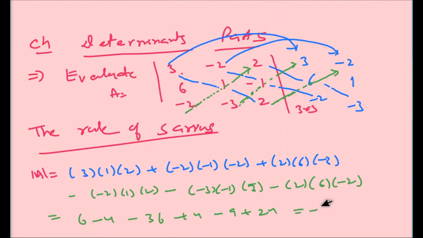So total is minus 15, and this will be your required answer. Using this series method, you can benefit for 3 into 3.